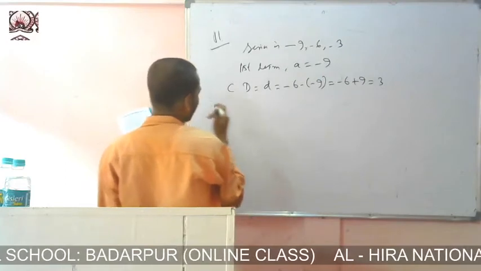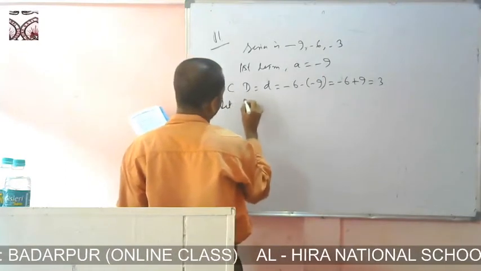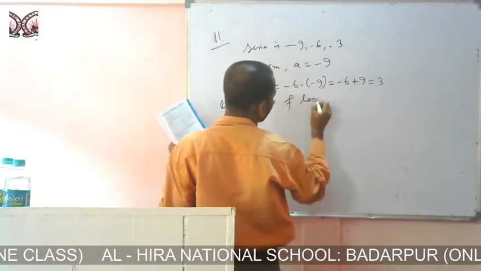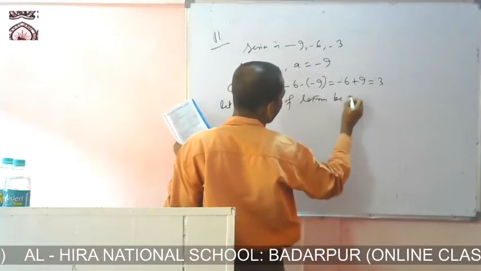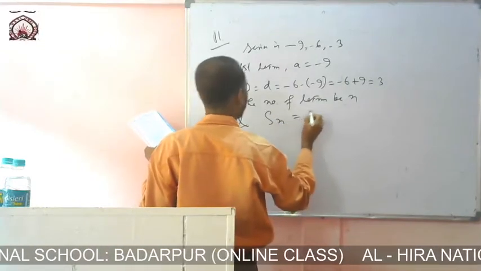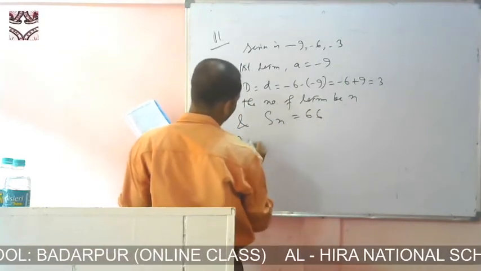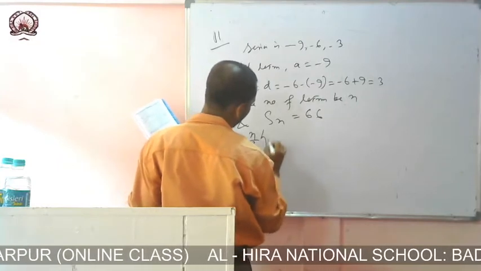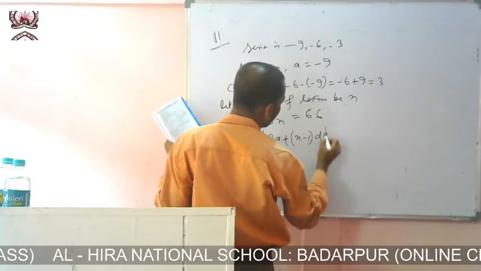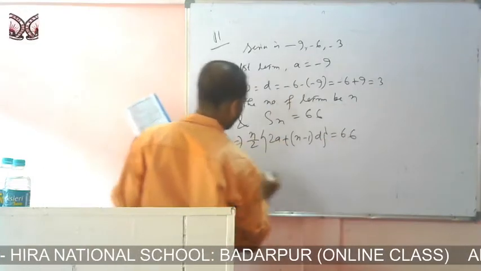Let the number of terms be n, and Sn is given as 66. So the Sn formula is n by 2 into twice a plus n minus 1 into d is equal to 66.